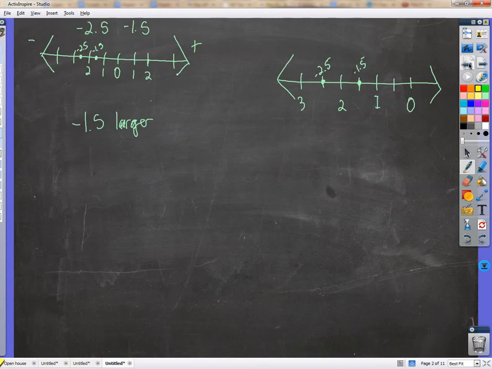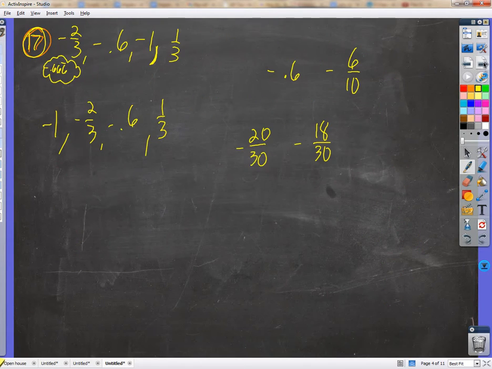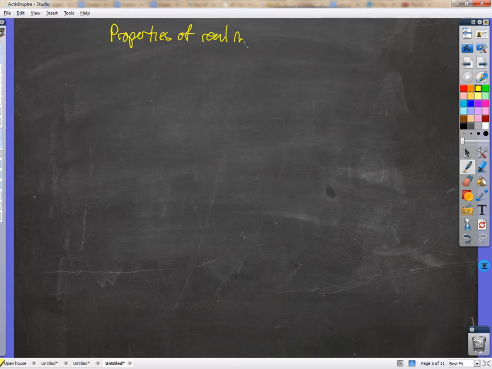We talked about these kinds of numbers. We're using the real numbers, and the real numbers have properties. I'm just going to erase this stuff. We say the properties of real numbers over addition.